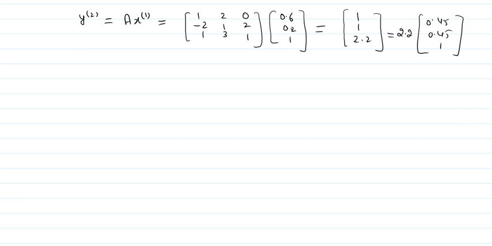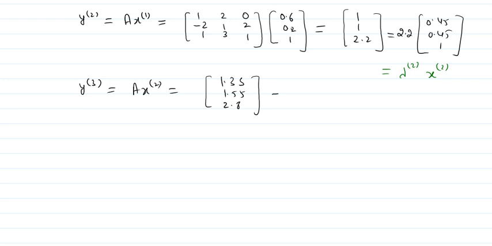In notation, 2.2 is my next approximation of the eigenvalue, and this is the eigenvector x2. So let's continue. Y3 will be A times x2. I'm writing this answer, that is 1.35, 1.55, 2.8. Just multiply A with x2. So 2.8 you can take outside, so 0.48, 0.55 and 1. So in my notation, that is 2.